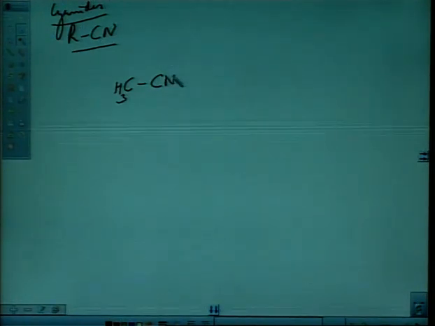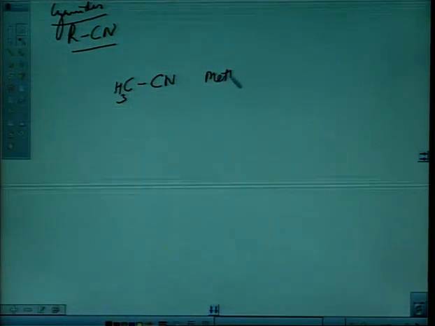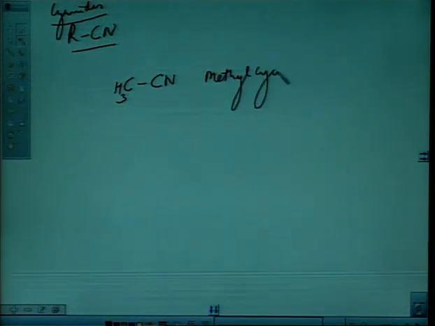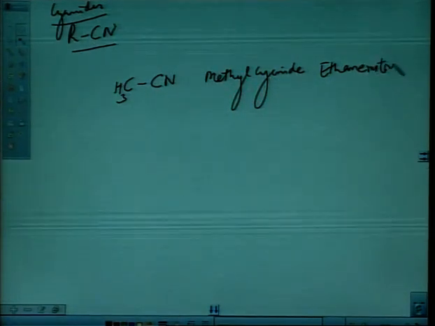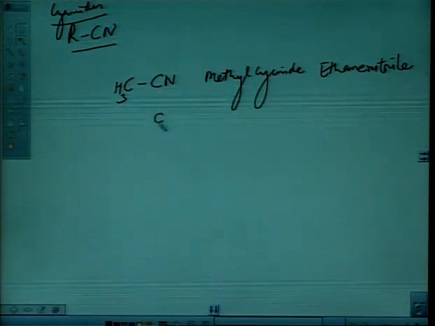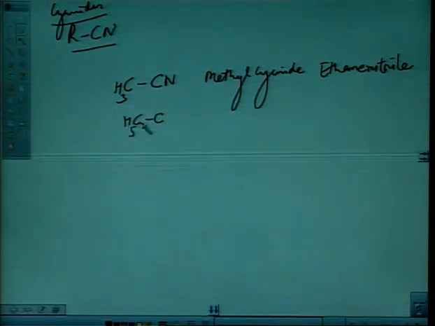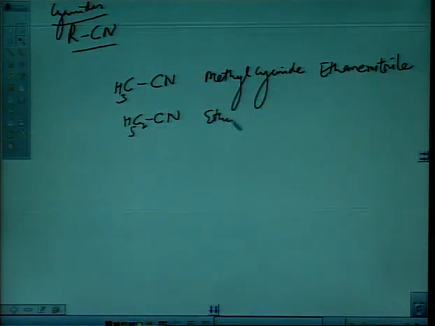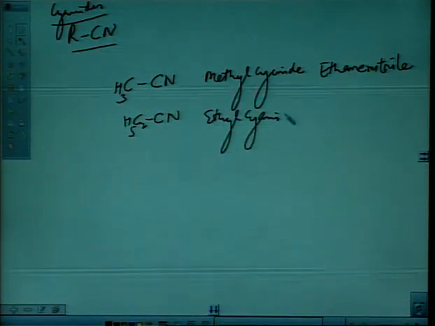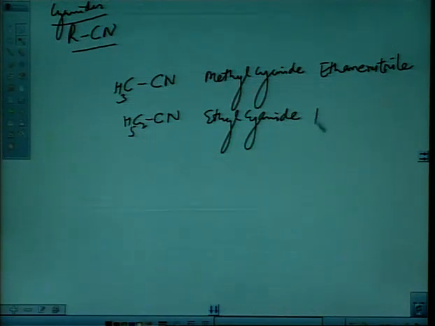The first member is CH3CN and the common name is methyl cyanide, and the IUPAC name is ethanenitrile. The second member is C2H5CN, ethyl cyanide, and propanenitrile.